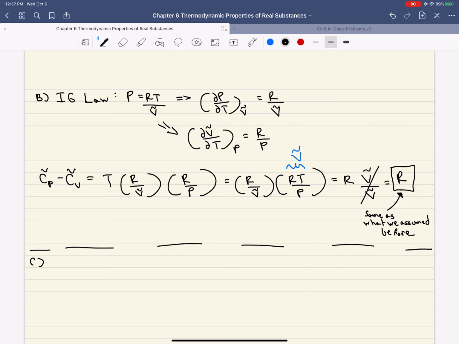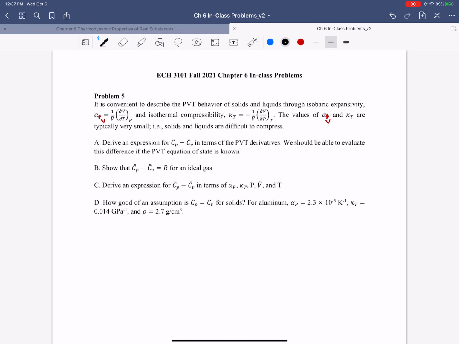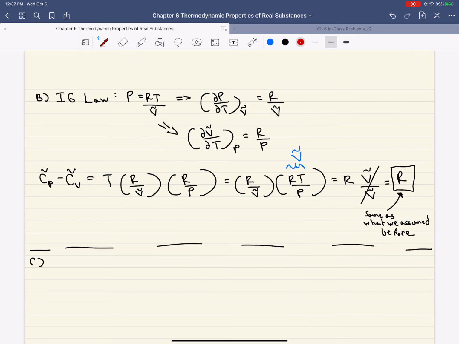All right, and so in part C of this problem, it wants us to derive an expression for Cp minus Cv in terms of these named derivatives: this isobaric expansivity, this isothermal compressibility, and also pressure, volume, and temperature. Okay.